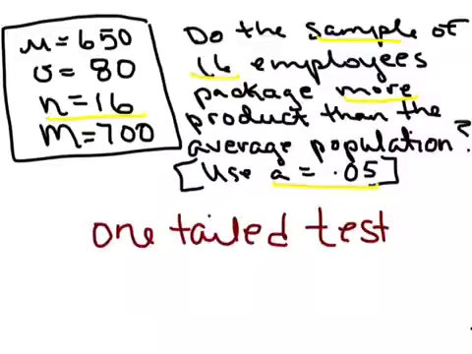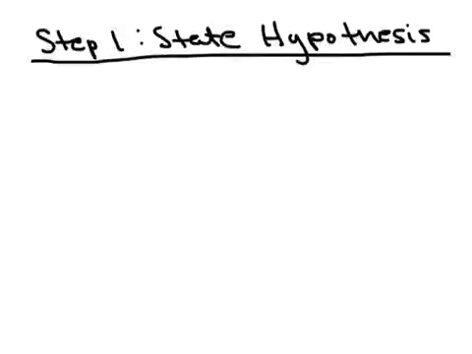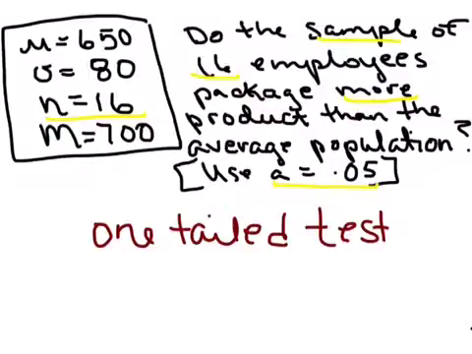So in our hypothesis testing, we have 4 steps. The first step is stating our hypotheses. The reason this is the first step is so that we can look at our research scenario and decide whether it's one-tailed or two-tailed. They're stating, do the sample of 16 employees package more product than the average population?